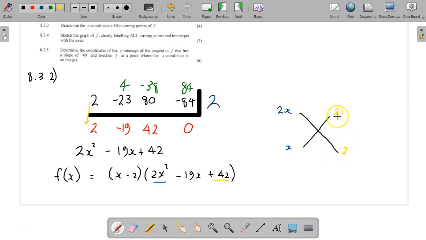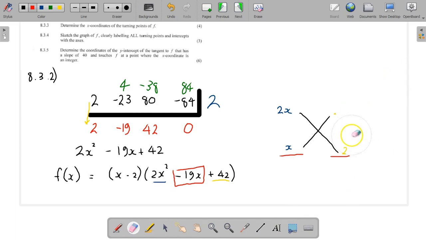We agree that 2 times 21 gives me 42. If I cross multiply, 21 times x gives me 21x, and 2 times 2x gives me 4x. If I add these, 21x plus 4x gives me 25x. However, I'm looking for a minus 19x here, so I know that those don't work.